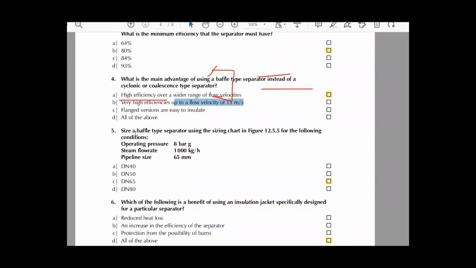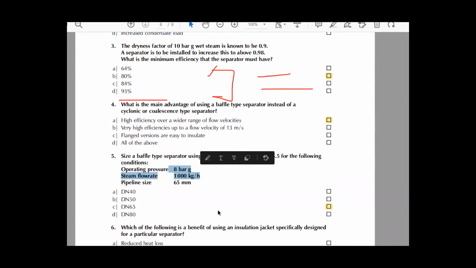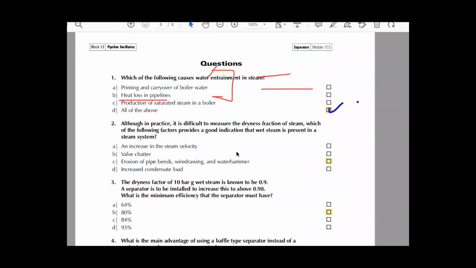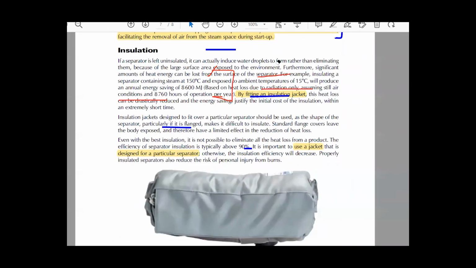Size a baffle type separator using the size chart with the following: operating pressure 8 bar, steam flow rate 1000, and a pipe size of 65. So I will go to the curve and I will solve this.